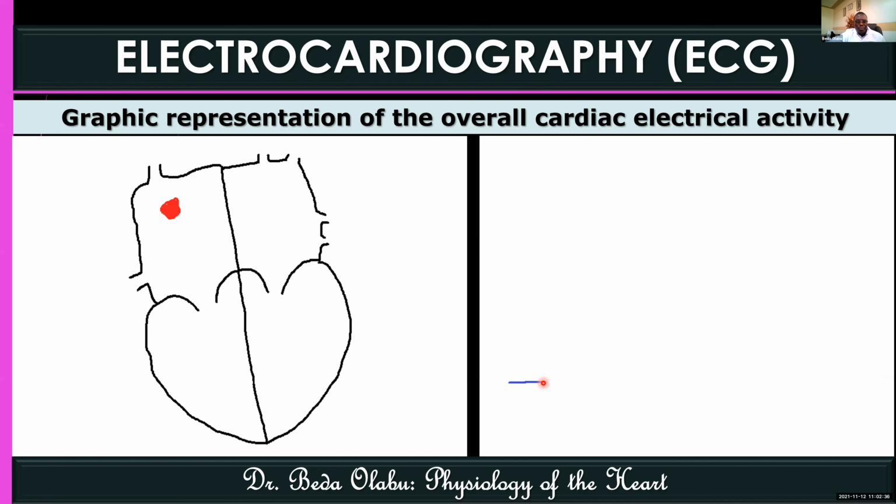So we don't give it a name. But impulses begin from the SA node and travel both to the left atrium and also to the AV node. When that happens, it means that there is some depolarization that occurs within the atrial chambers.